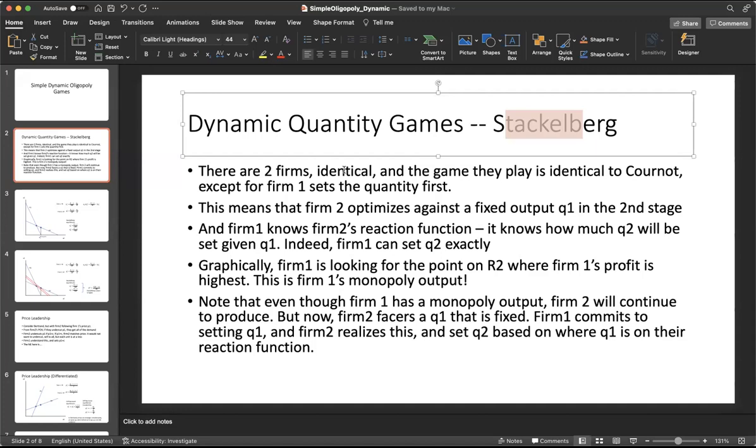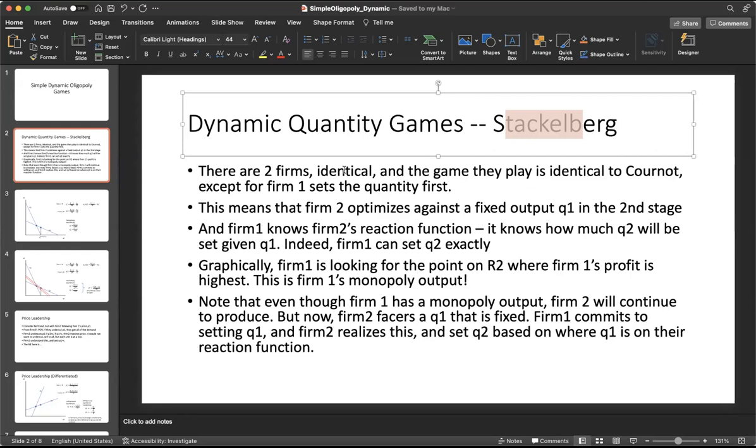So it's a little different from what we discussed before, where they're both guessing and having expectations. In this case, firm 2 has no expectation. Firm 2 knows that Q1 is the output. So Q2 will optimize against that thing that it already knows.